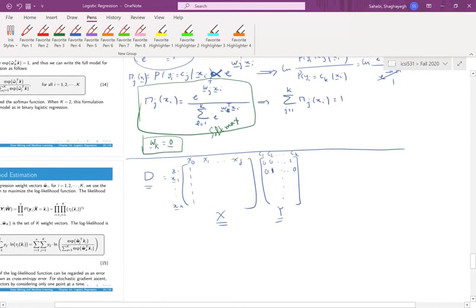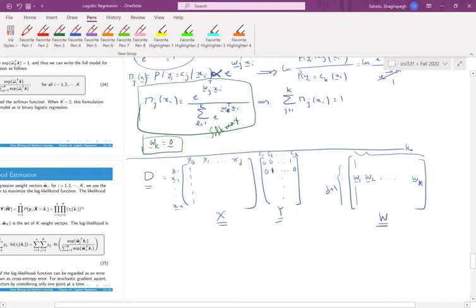And then the w that we would like to find, we have one w for each class k, right? So if I put w for class 1, w for class 2, etc., until w for class k together, I am going to have a matrix of weights W that is d plus 1 by k.